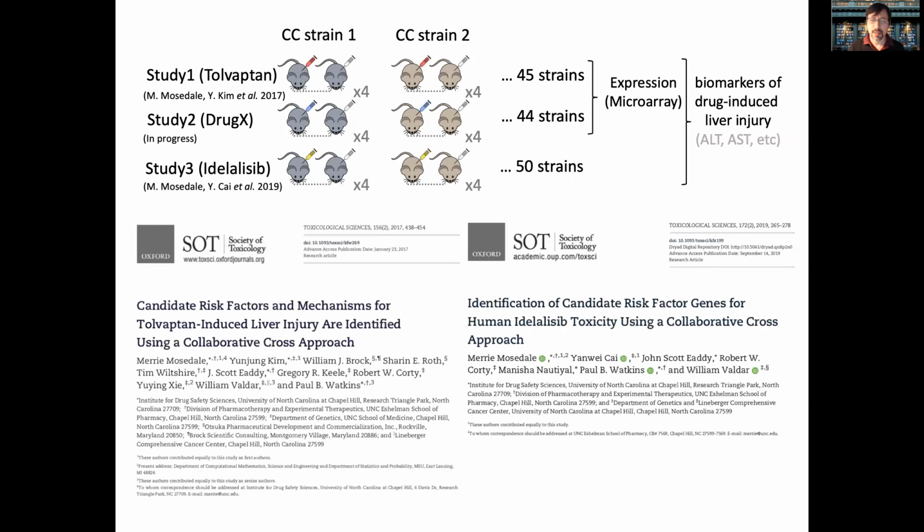I'm not really going to say anything more about those studies in general. You can read more about them in these papers. The bottom line is we found some QTLs, we found some candidates. Interestingly, the power was lower than for a typical phenotype mapping study.